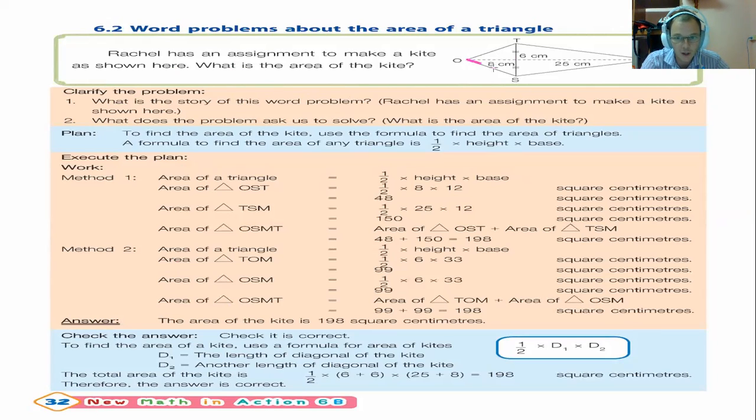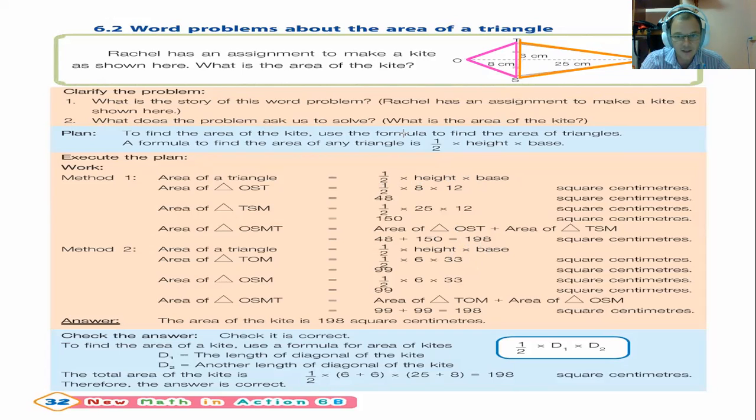First one is going to be OST that we're going to solve. We're going to also solve TSM for the two triangles, and we're going to add the area together when we have it.